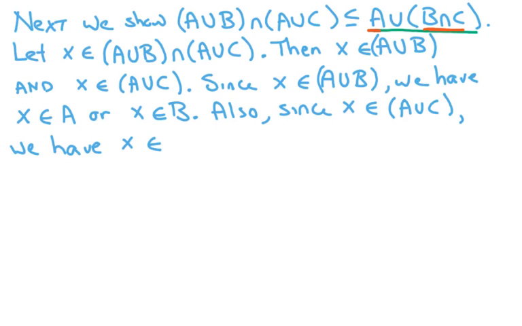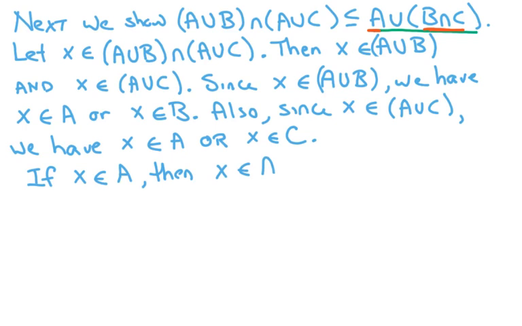X is in A or X is in C. Okay, now, if X is in A, then X is in A union (B intersect C). Agreed?